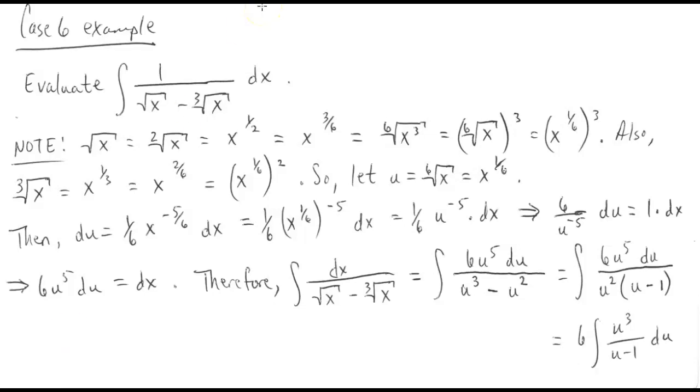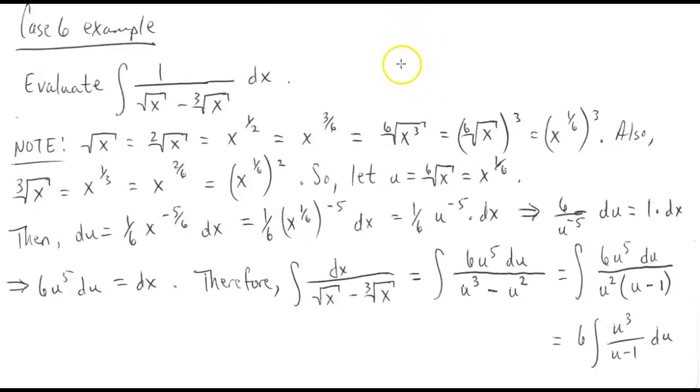In other words, we want to change the integrand into something that looks like a rational function. And once we do that, we can employ cases 1 through 5, depending on what we get, to get our final answer for this particular integral.